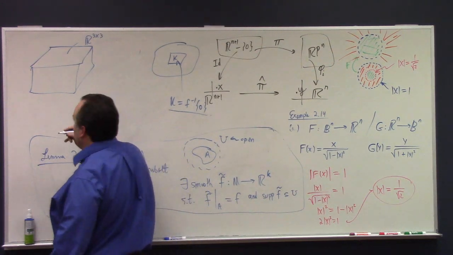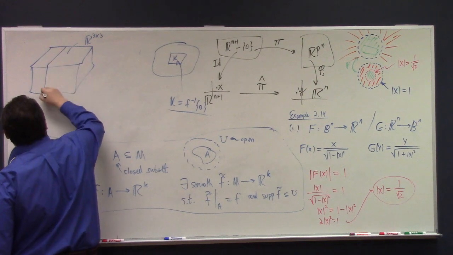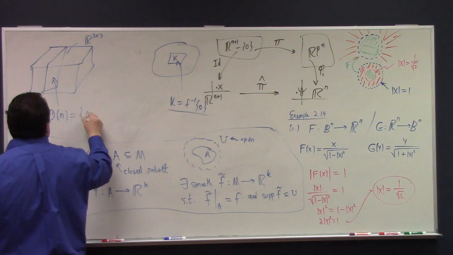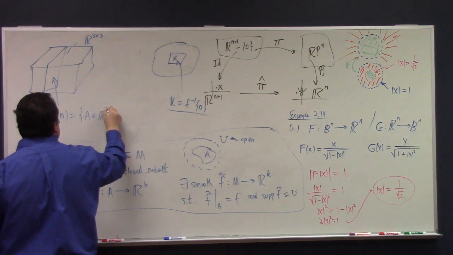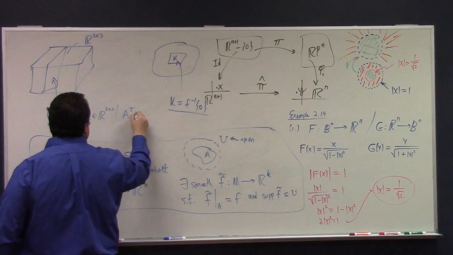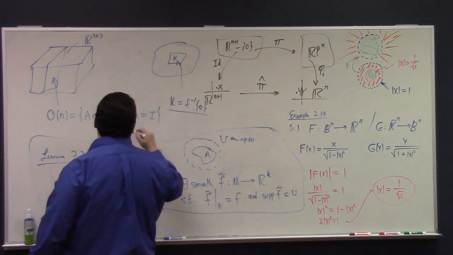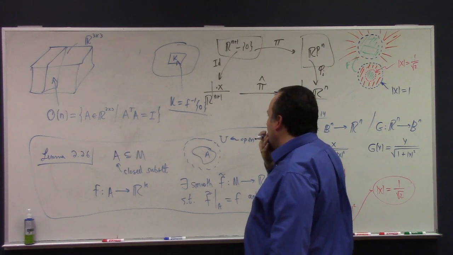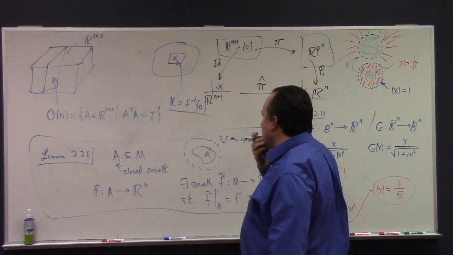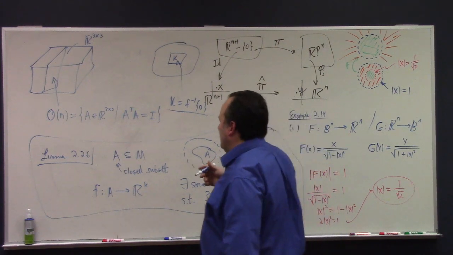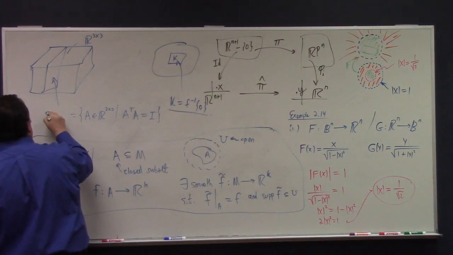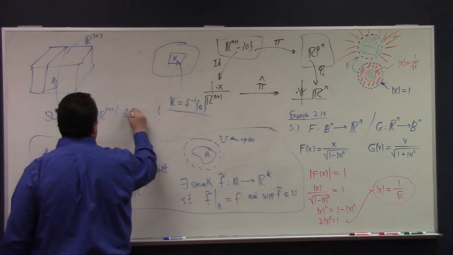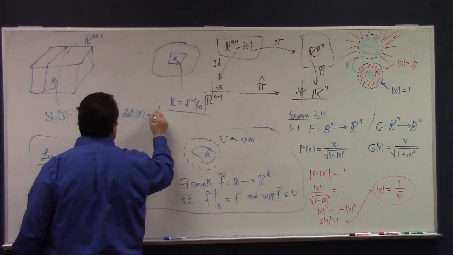Yes. So for example, here's a closed subset called O(N): A in 3x3 matrices such that A transpose A is equal to I. No, scratch this, maybe it's easier with SL3. So A in 3x3 matrices such that the determinant of A is equal to 1.